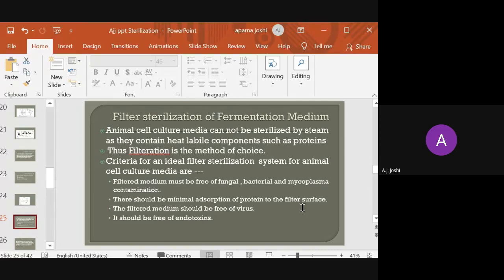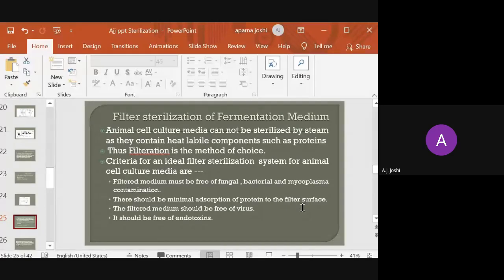It should retain all life forms of microbes, that is the viruses, fungi, bacteria, mycoplasma, actinomycetes. But on the other side, it should not adsorb the protein, so that the overall protein content of the media will not be lowered. Okay, so these are the criteria for an ideal filter sterilization system for animal cell culture media.